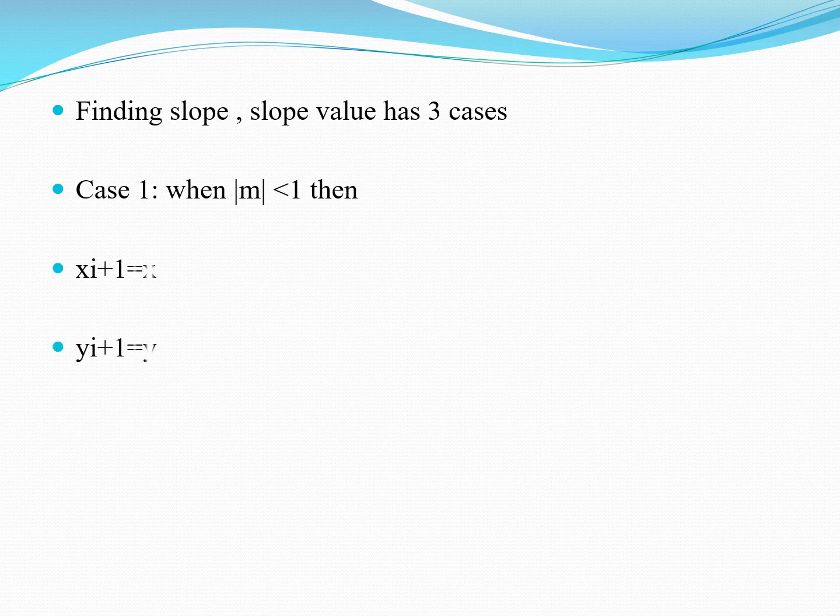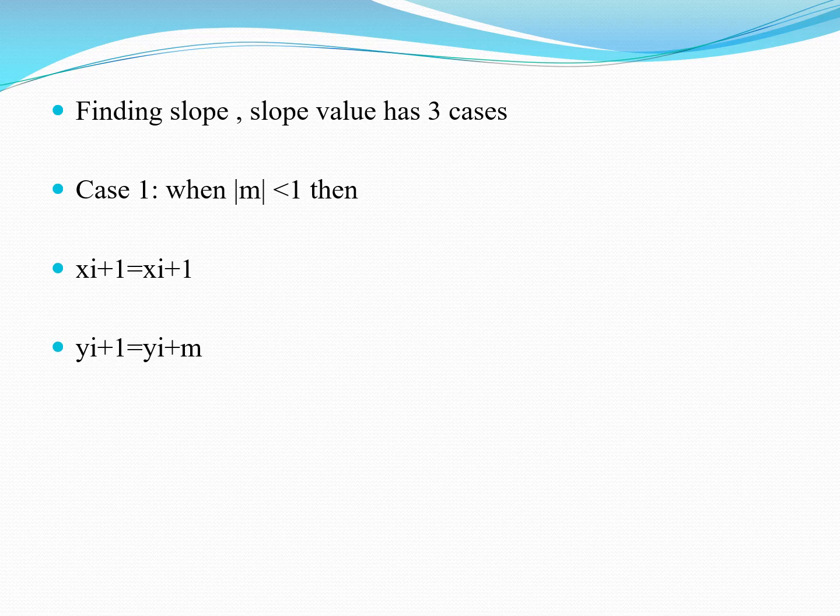If we get an m value less than 1, then we increment the x value as xi + 1. Simply add one to the xi value.